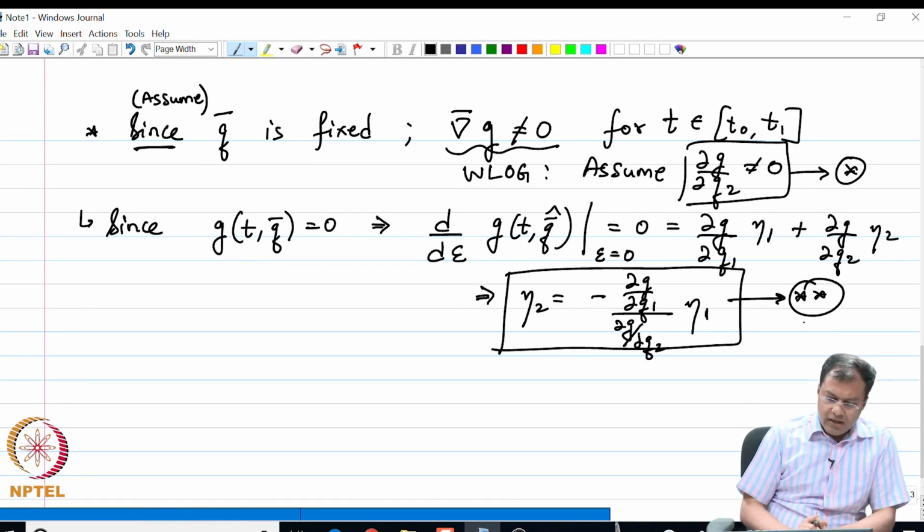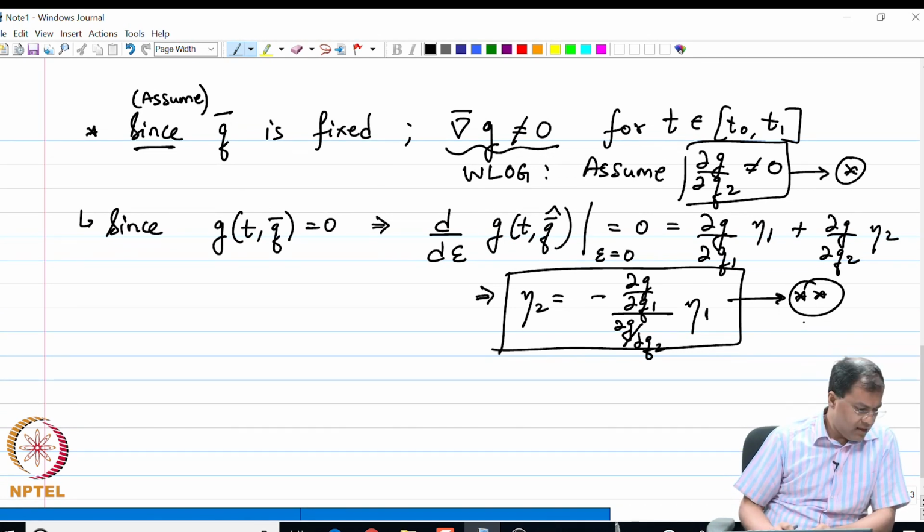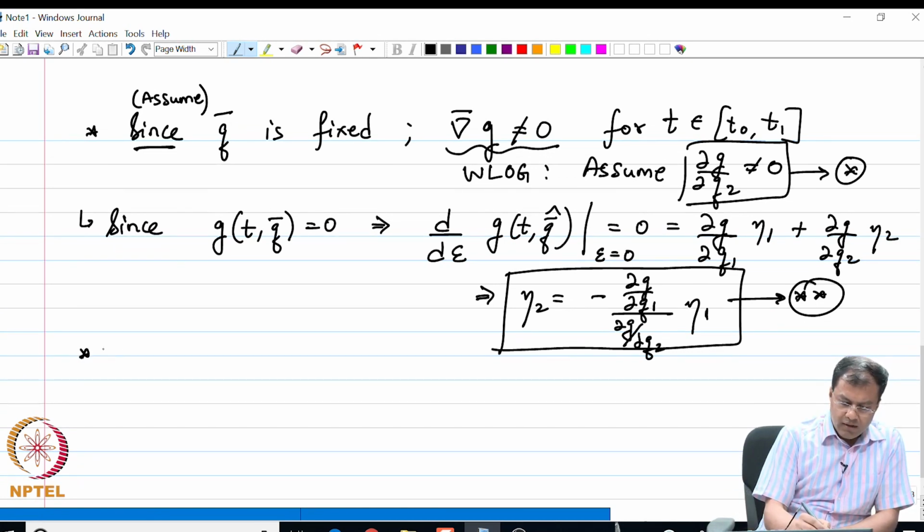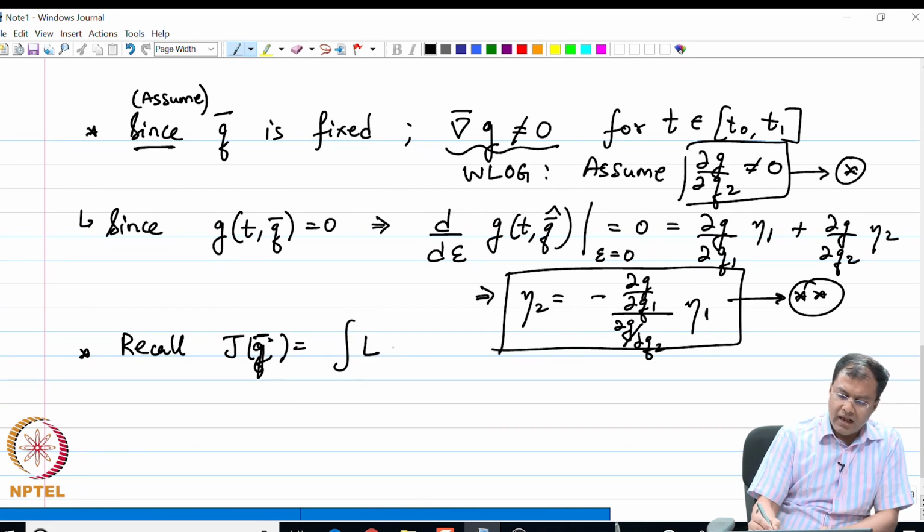Now, let me also state another fact. Recall I have the functional J of q bar equal to the integral of L dt. So, this was my functional.